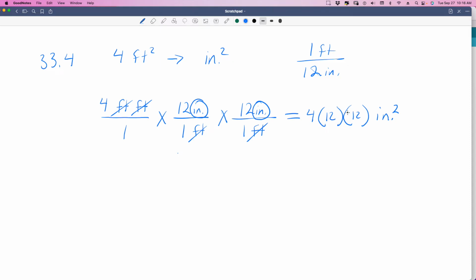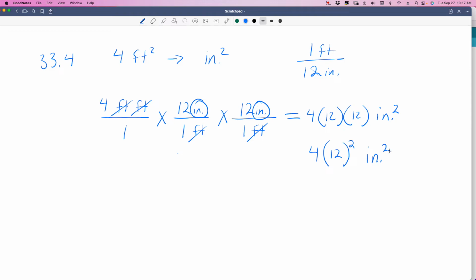And 48 times 12, if you can do that in your head, that's fine. I don't expect that. The one thing I do expect you to see here is the potential for the exponent. So if you understand exponents, you could see that this is being multiplied 2 times, 12 times 12. You could do that.